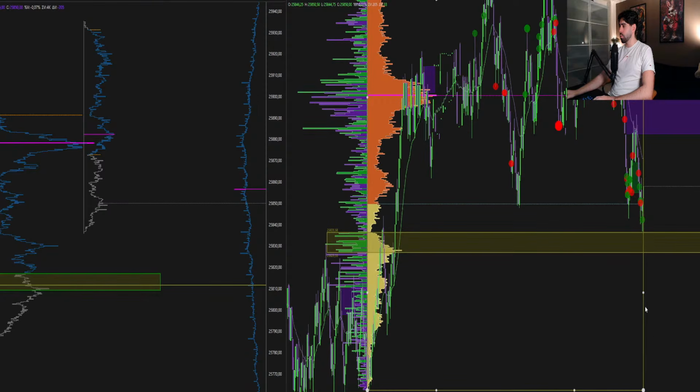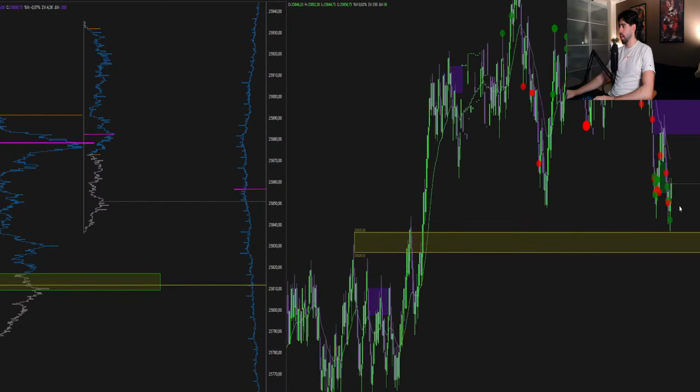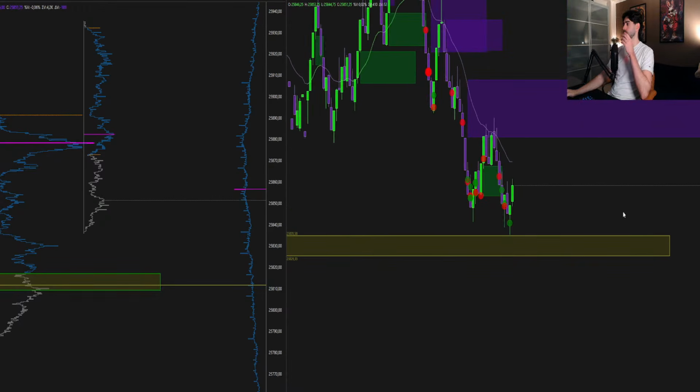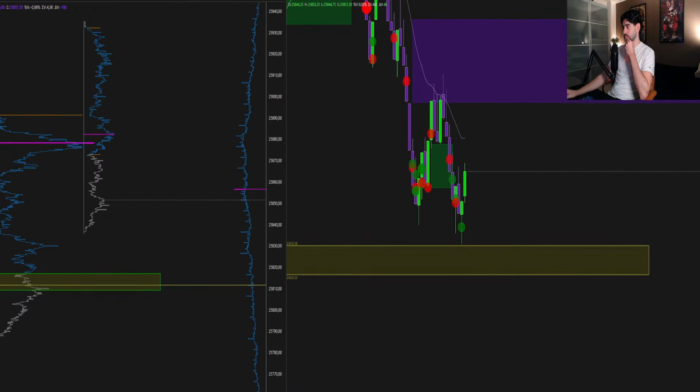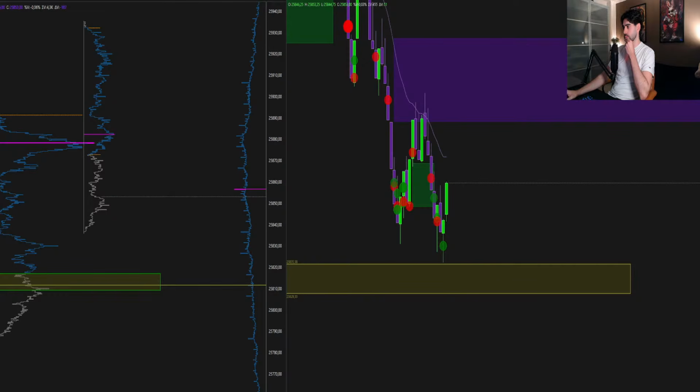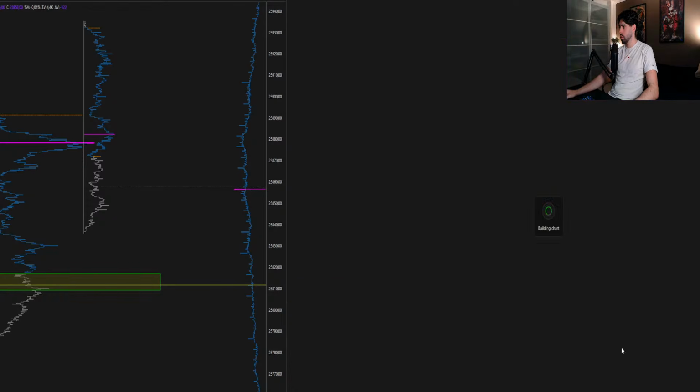And if you plot it, we're still in value area low. So down here, this is too cluttery. Maybe we should just put it to 60.